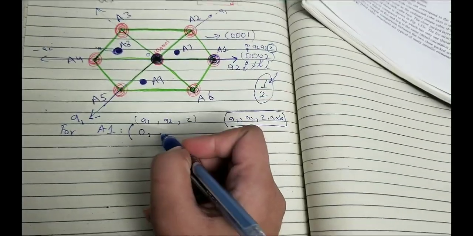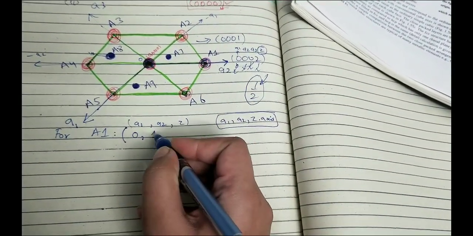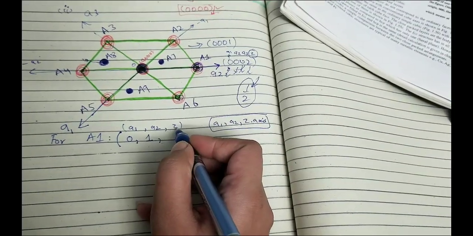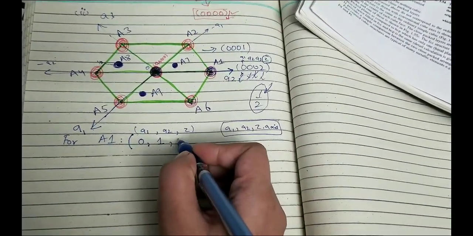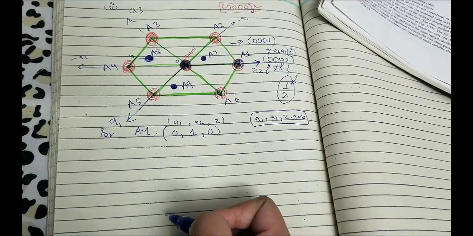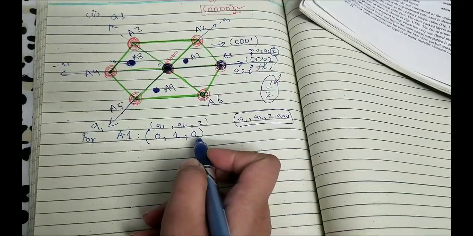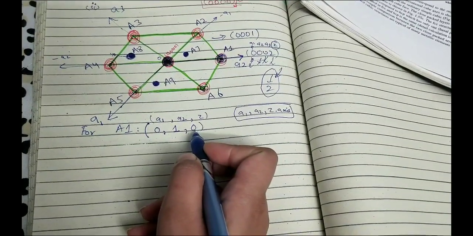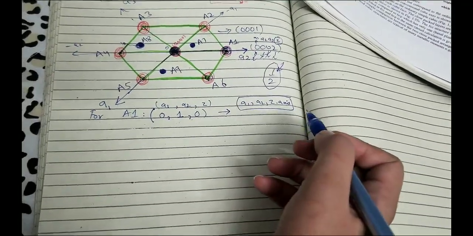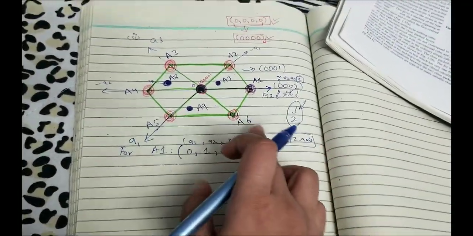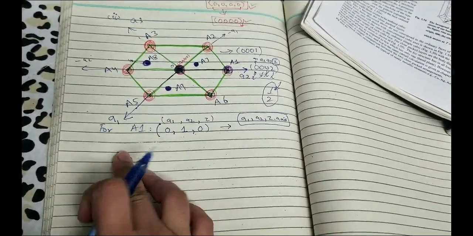We have to move only 1 unit along the A2 axis, so it means 1. And we know these atoms are at the basal plane, so Z will be 0 here. This is the location of A1 in 3-digit coordinates, but we have to convert them into 4-digit coordinates. We'll convert them later. First, we'll find the position of each atom in 3 coordinates.